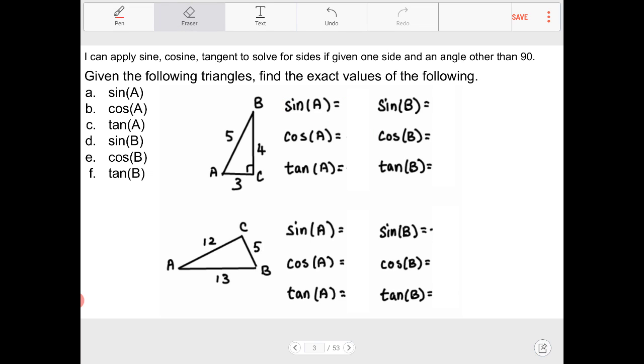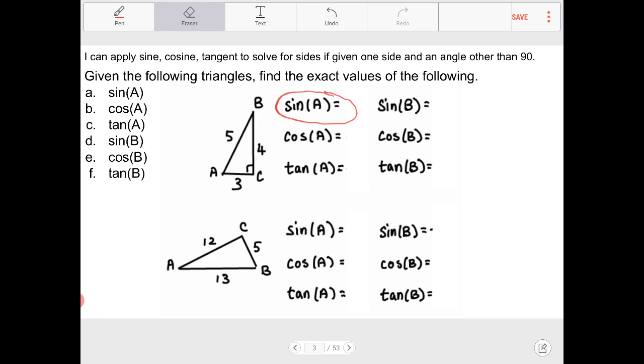So sine of A, A being the angle here. What I'm asking you to do is to find out what that ratio is. If you recall from the previous video, what you're evaluating here is a ratio of sides.